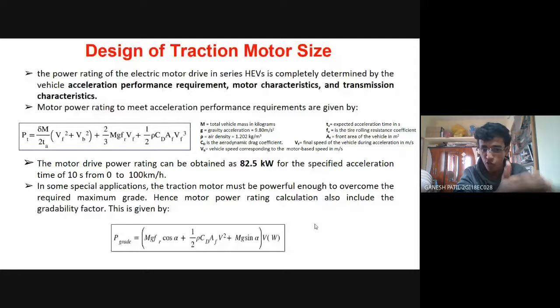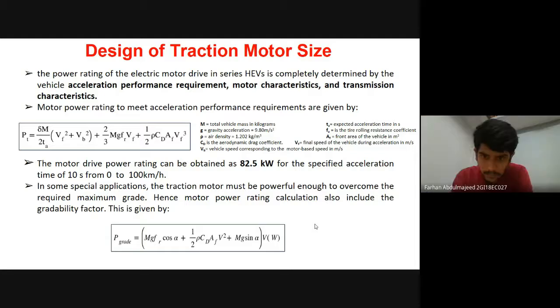Mg sine alpha is the force, and when multiplied by the velocity, it becomes power. The reason we don't consider grade in a normal EV design is that when grade is added, the demand for motor rating significantly increases. So we have to choose carefully when to add the grade factor in our EV design.